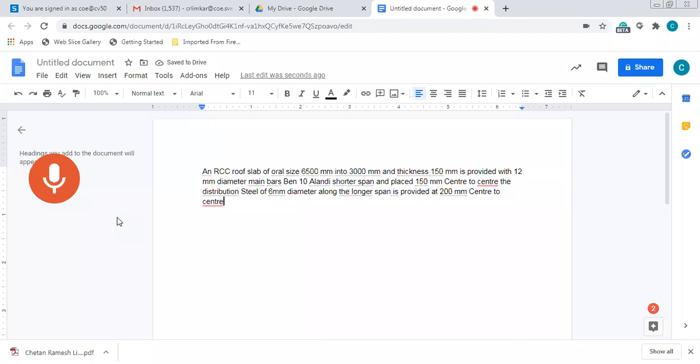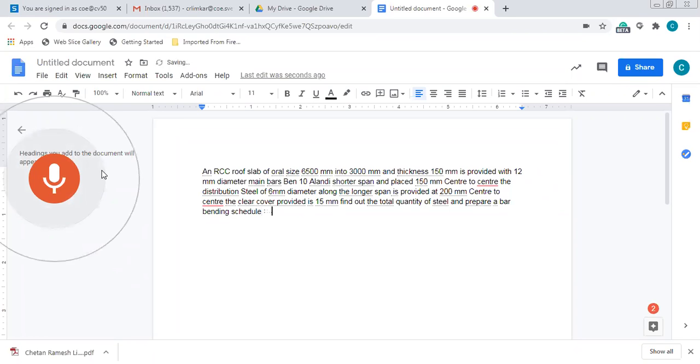The clear cover provided is 15 mm. Find out the total quantity of steel and prepare a bar bending schedule.